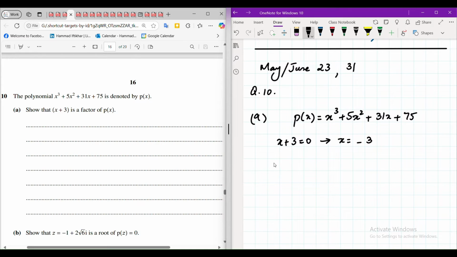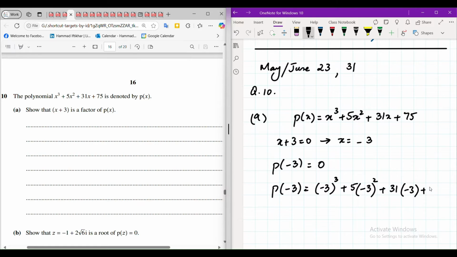So for x plus 3 to be a factor, p of negative 3 should come out to be 0. So let's test whether it comes out to be 0 or not. When we plug in negative 3, so negative 3 cubed plus 5 times negative 3 squared plus 31 times negative 3 plus 75.